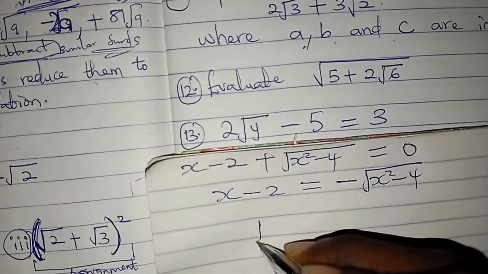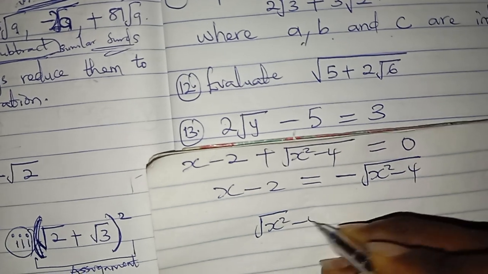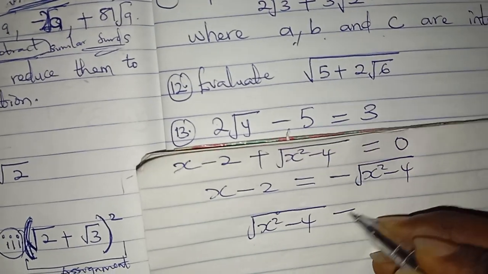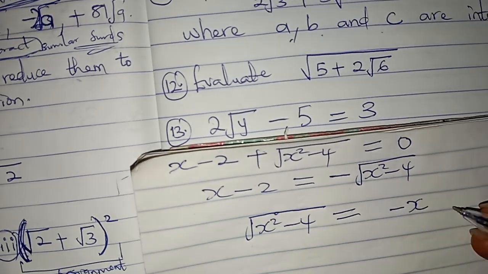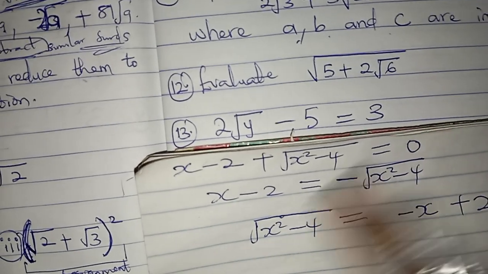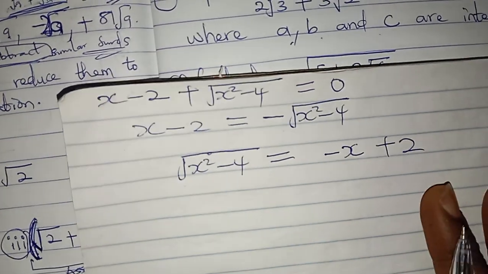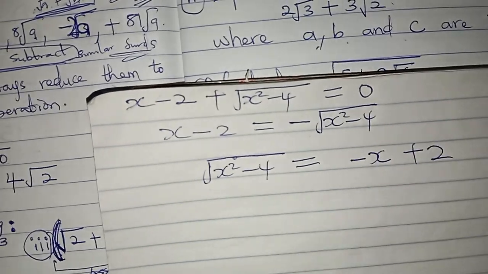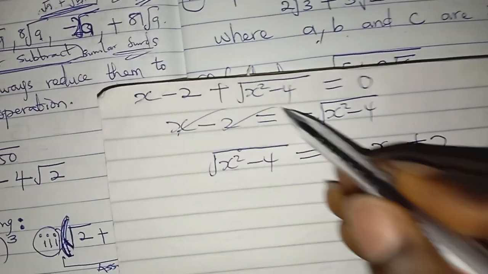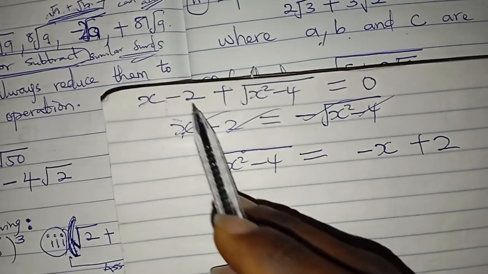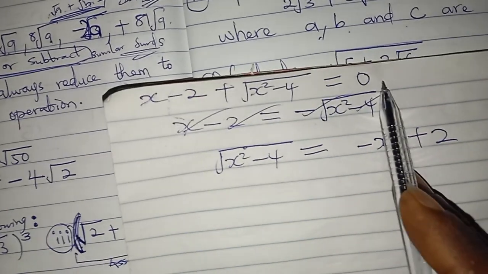Or I can say root x squared minus 4, so I don't get things complicated for myself, equals minus x plus 2. That is throwing it to the right hand side. So let's not get things complicated for myself. That's why I abandoned the crossover.